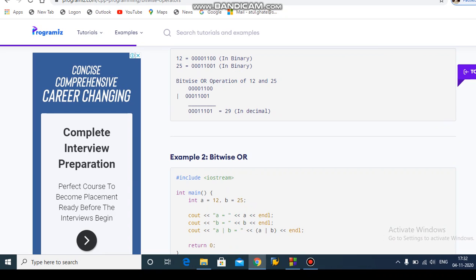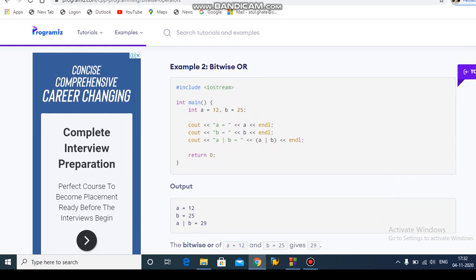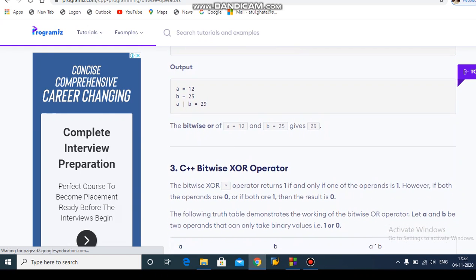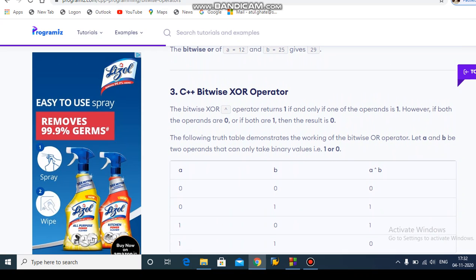In this lecture you have to see the introductory information about the bitwise operators, and the explanation of each operator with examples is a bit difficult, so I am giving it in the next lecture. So the third operator is the bitwise XOR operator.